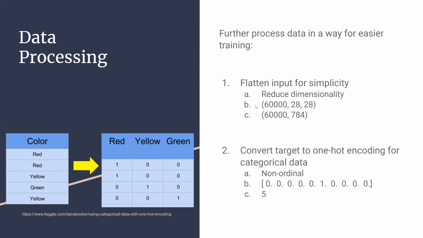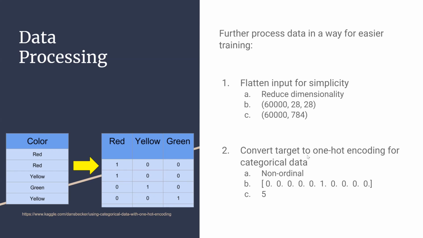We mentioned in the last slide, the data is represented in this format: 60,000 by 28 by 28. But if we multiply the 28 by 28 together, so just flattening it and reducing the dimensions, we get this new form of data. And that's just easier if you have fewer dimensions. It's always good to have simpler data to train.